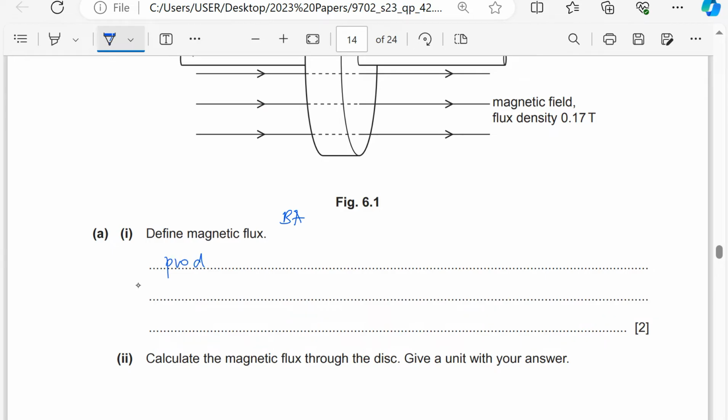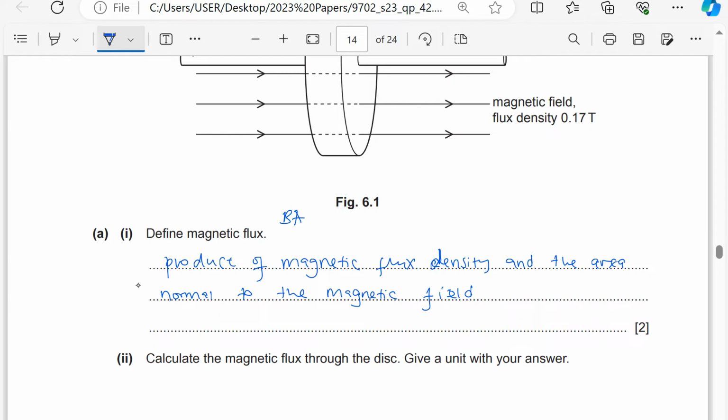It is the product of the magnetic flux density and the area normal to the magnetic field.